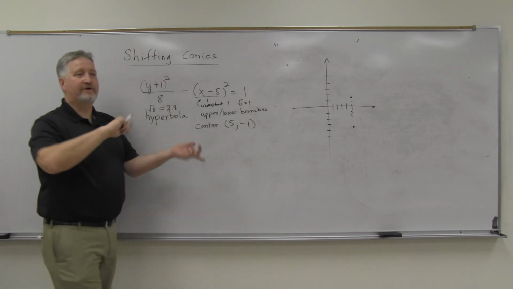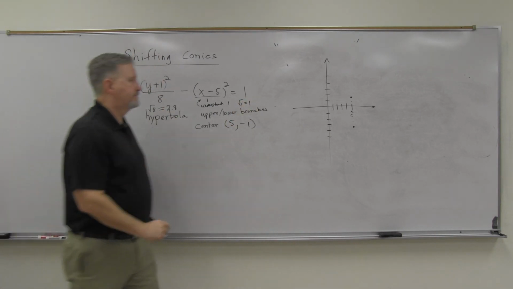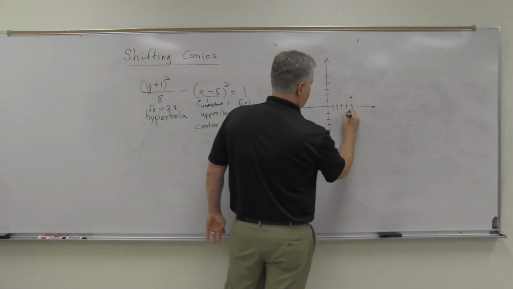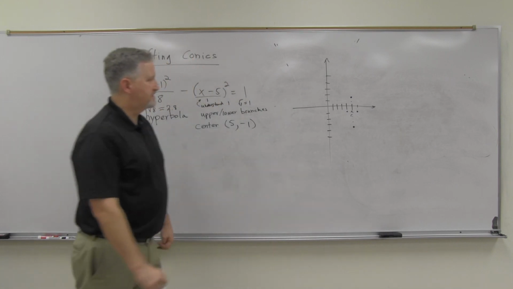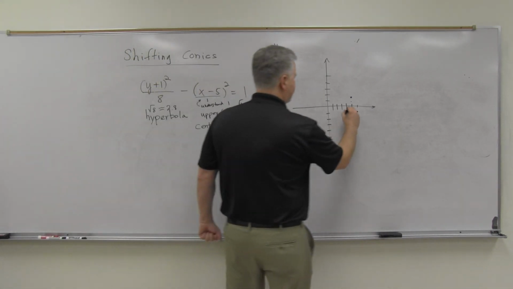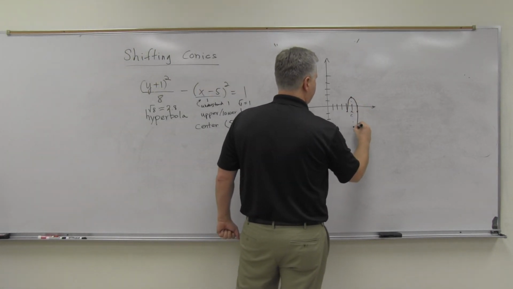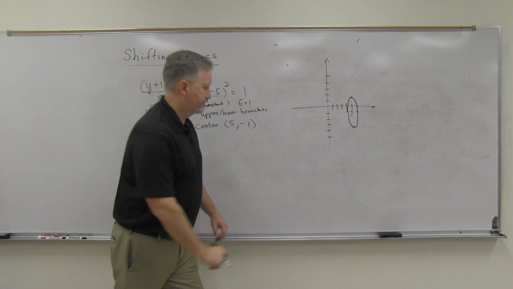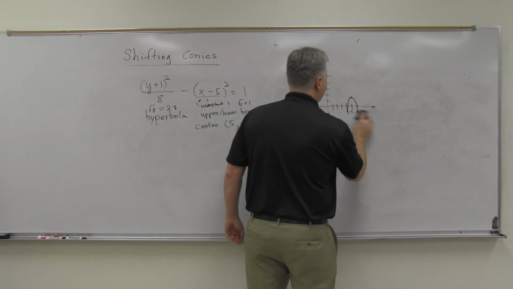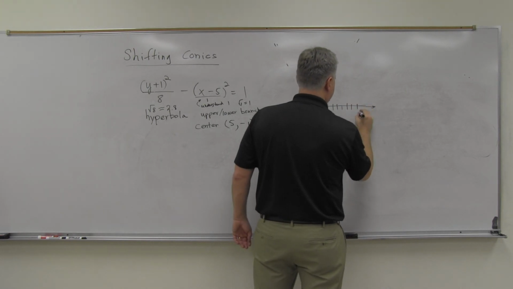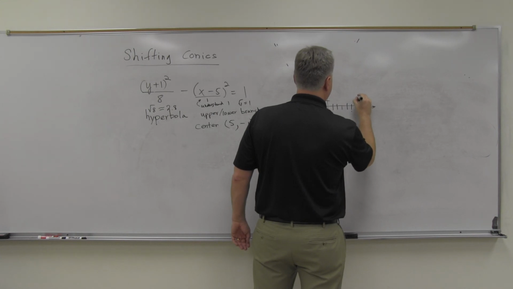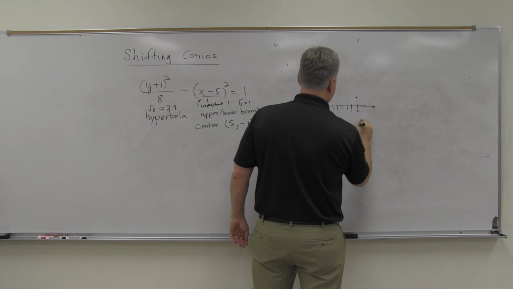So in the X direction, we go out 1 in both directions, however you want to say that, from that center. So there's your little ellipse. Oh, we're doing hyperbola though. Getting way too far ahead of myself here. Try that again. So 1 and 1, 2.8.